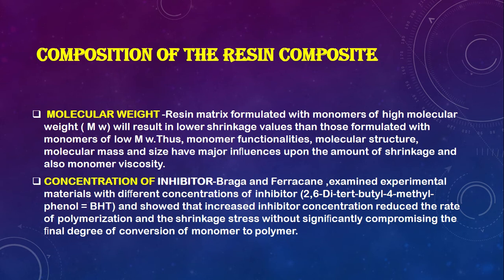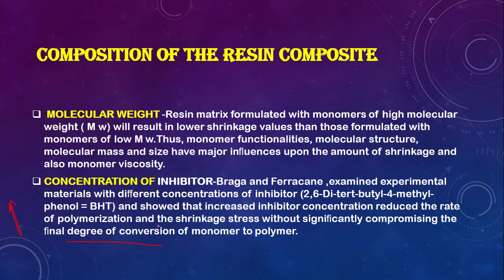Increasing the inhibitor concentration reduces the rate of polymerization and the shrinkage stress without significantly compromising the final degree of conversion of monomer to polymer. Right? And one more thing, the filler ratio. The greater the composite filler ratio, the greater the elastic modulus of the composite. Consequently, stress development will be higher and shrinkage will be more.